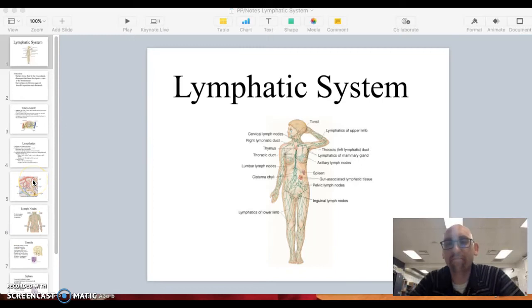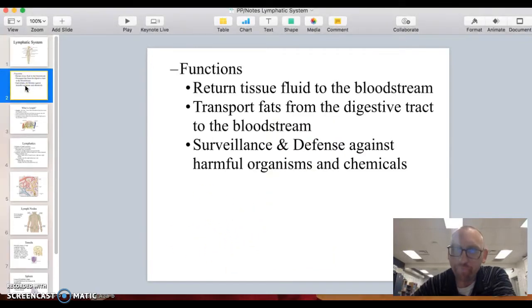So the lymphatic system is very similar to the circulatory system in a lot of ways, which is why I like to do it kind of related when we're doing circulatory and respiratory. If you look at the diagram, its main function is to return fluids to the bloodstream. It takes the extra fluids that build up in your cells, the ones that would cause your cells to swell because of the diffusion of oxygen and nutrients going in and waste coming out, and returns that extra water and fluids back into your blood.